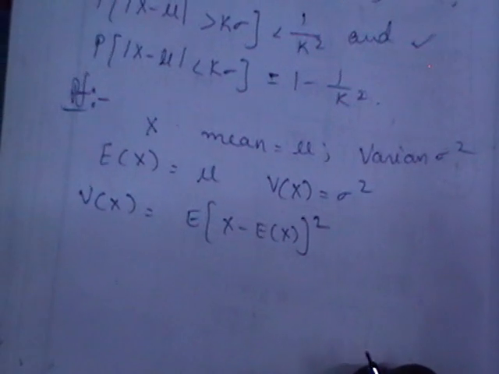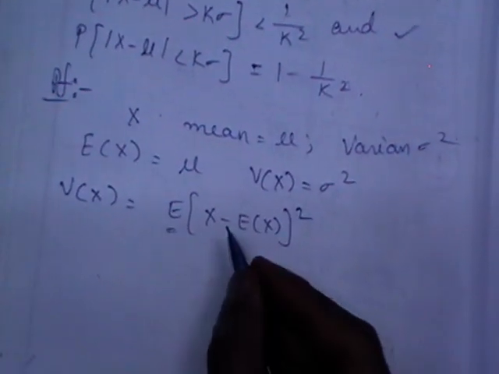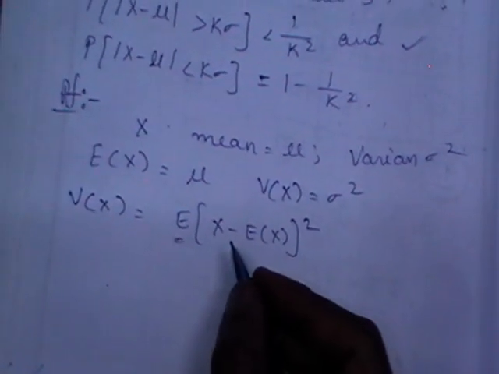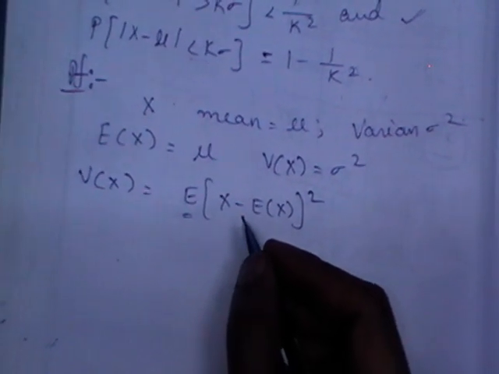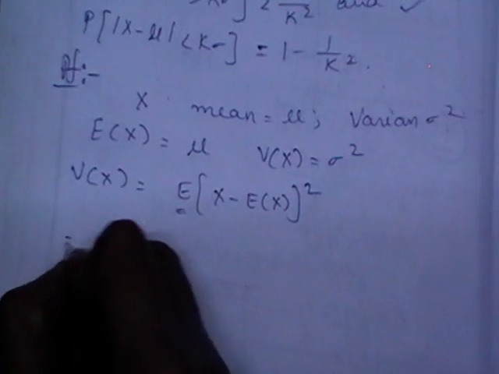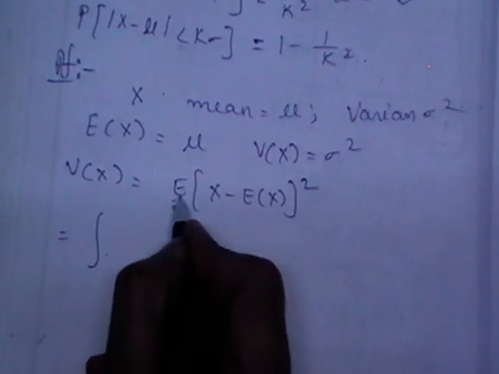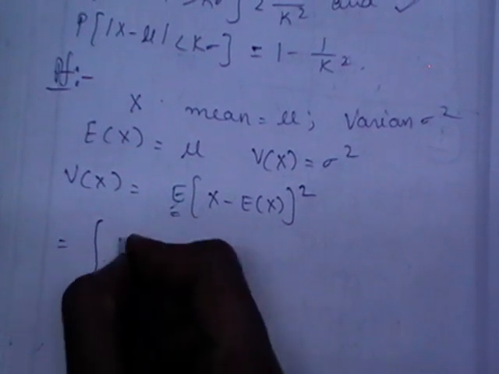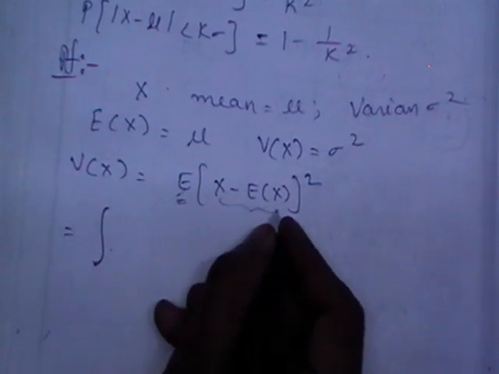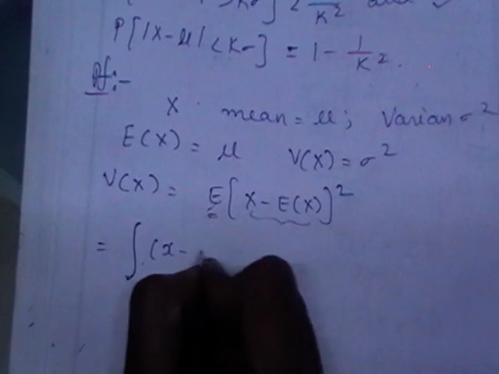To resolve the expectation, depending upon the type of variable, if it is discrete, you will start with sigma, otherwise you will start with integral. Let us take this as a continuous variable. Then this expectation is to be started with integral, and within the brackets you write down the same quantity.